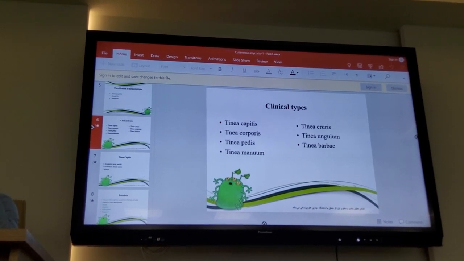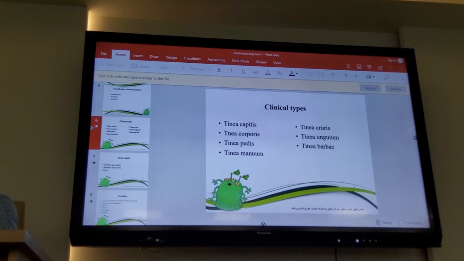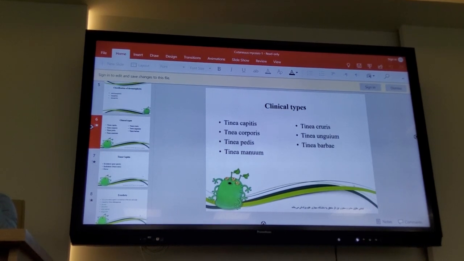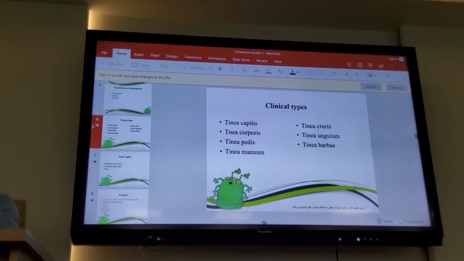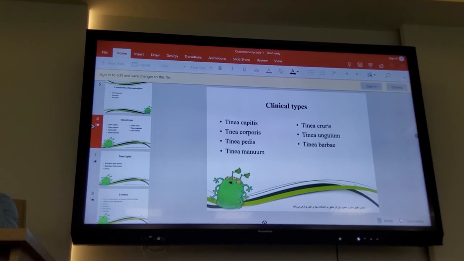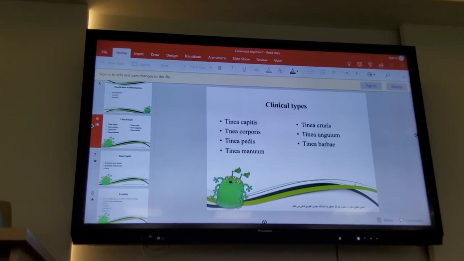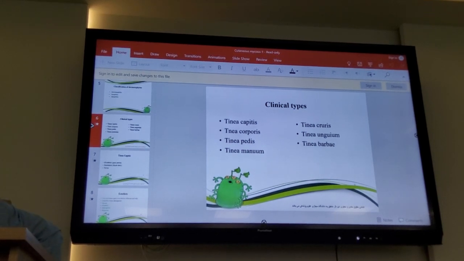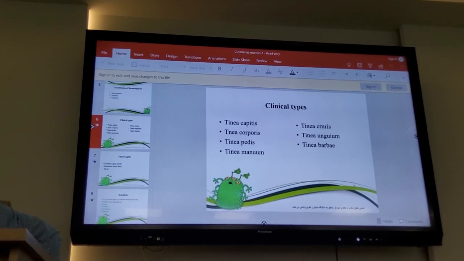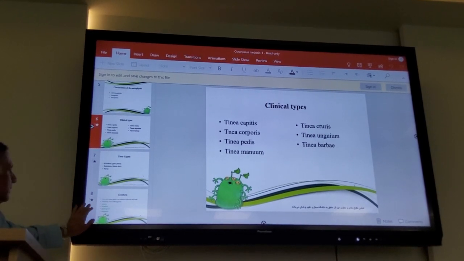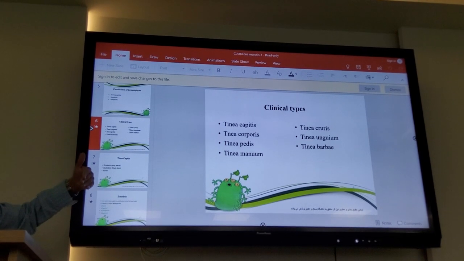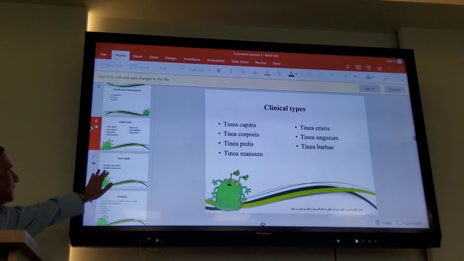Therefore, the classification is based on two factors: clinical sign and type of dermatophyte. We have three genera: microsporum, epidermophyton, and trichophyton. Okay, we must explain these seven clinical types of dermatophytosis.